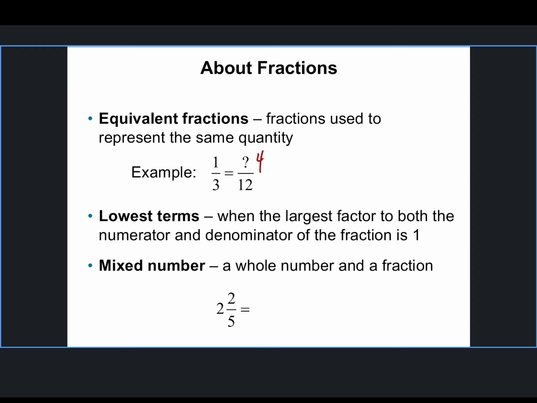Okay, a mixed number. A mixed number is what we have when we have a whole number and a fraction together. We treat those as though they're just added together, but they're side by side. So, if we have 2 and 2/5, what could we do to write that as a single fraction?